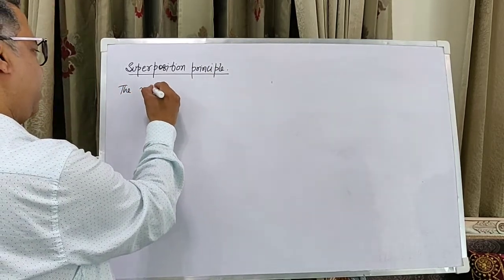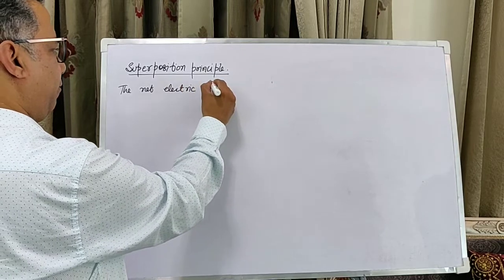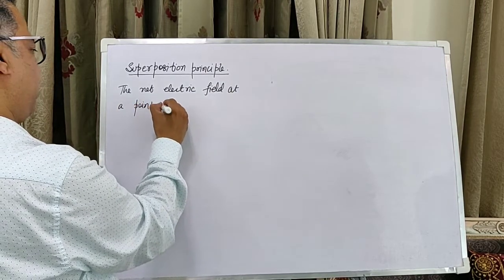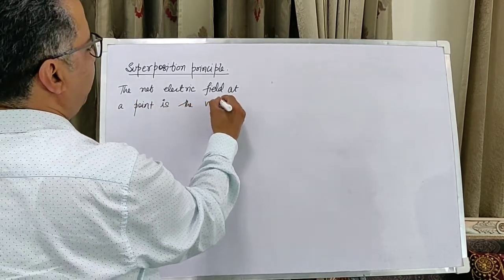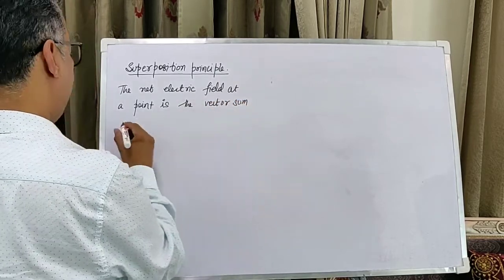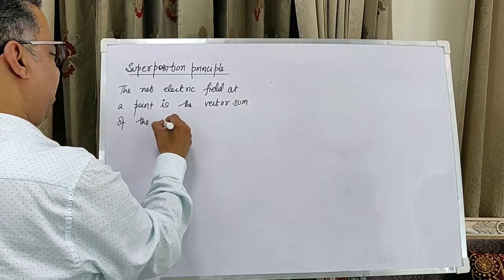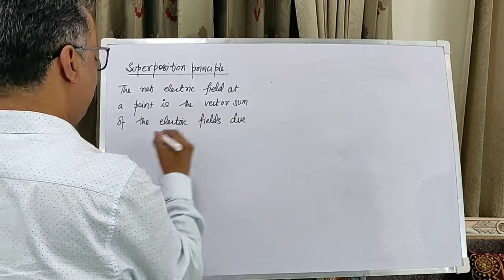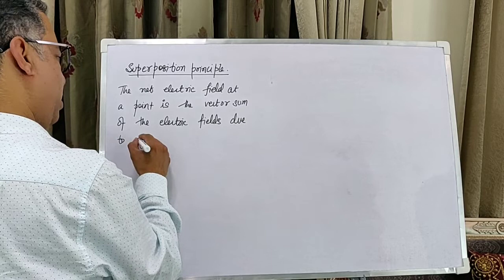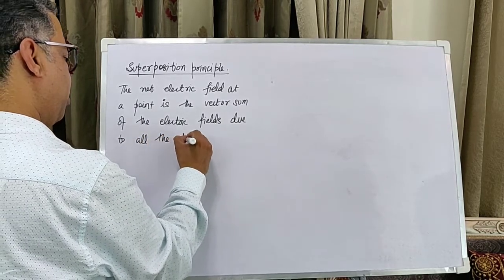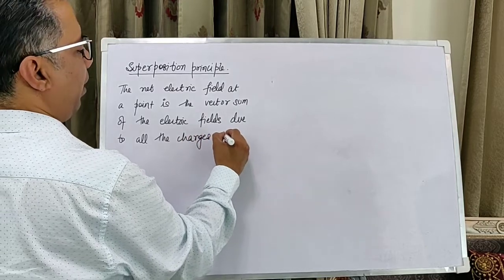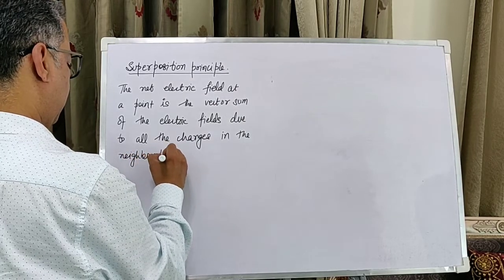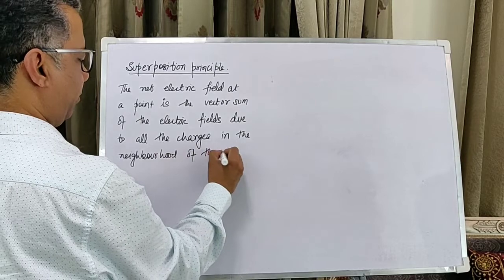The net electric field at a point is the vector sum of the electric fields due to all the charges in the neighborhood of the point.